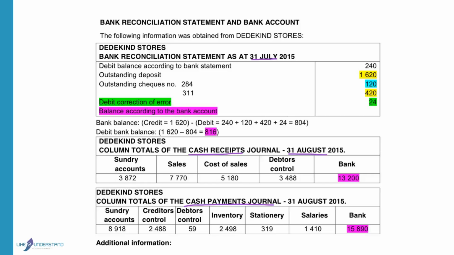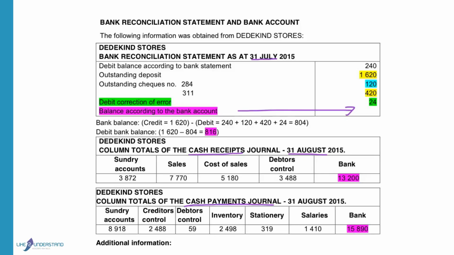The reason why they give you the previous month's bank reconciliation statement is that you can determine what the bank balance was at the end of the previous month, because that is the balance that we will record in our bank account. And we will have to see if all these entries that we showed as outstanding entries at the end of the previous month were corrected during the current month.